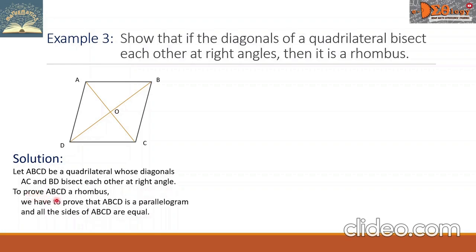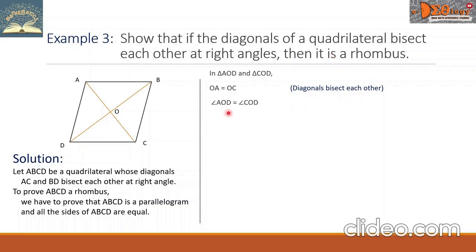To prove ABCD a rhombus, we have to prove that ABCD is a parallelogram and all the sides of ABCD are equal. We see here now that in triangle AOD and triangle COD, OA equals OC. We say that diagonals bisect each other. It's given in the problem.